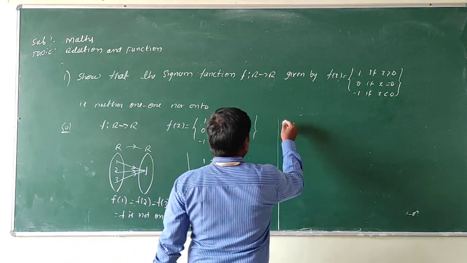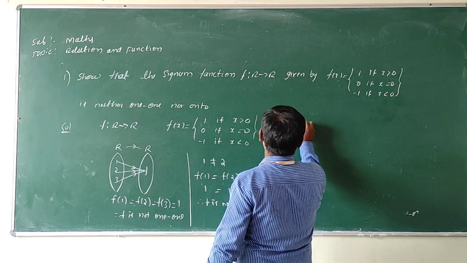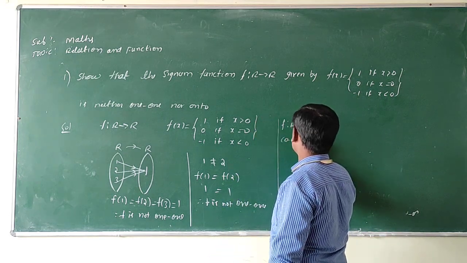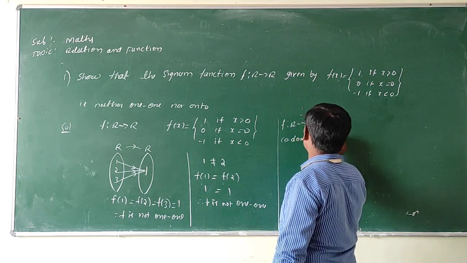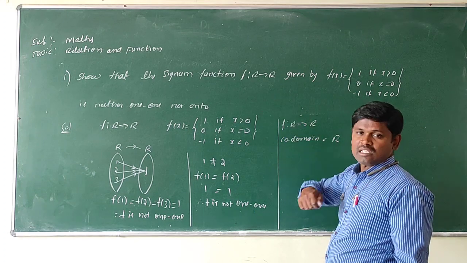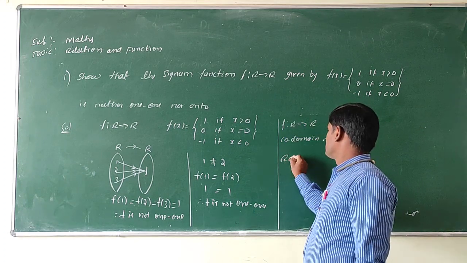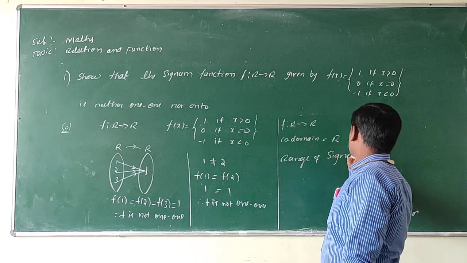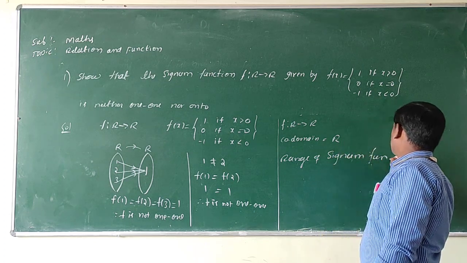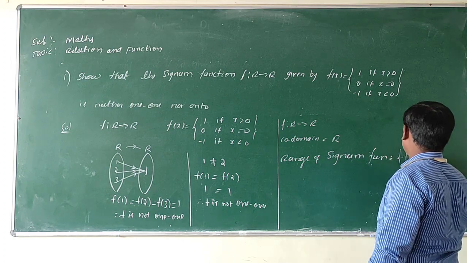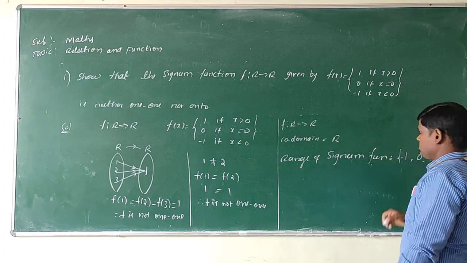Here f is a mapping from R to R, so the codomain is the given set R of reals. So what is the range of the signum function? The range of the signum function is minus 1, 0, 1.